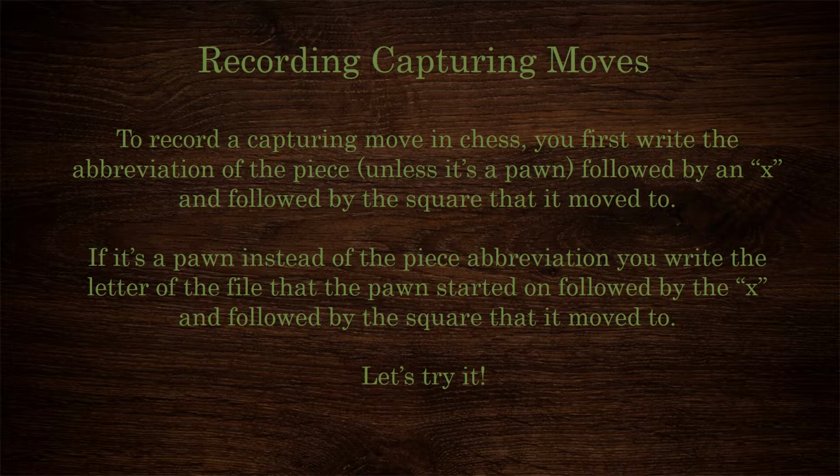If it's a pawn, instead of the piece abbreviation, you write the letter of the file that the pawn started on, followed by x, and then followed by the square that it moved to. So instead of just leaving it blank, like before when we saw the example of E5, if the D pawn was capturing a piece on E5, you would say D, lowercase x, E5. So lowercase d, lowercase x, E5.